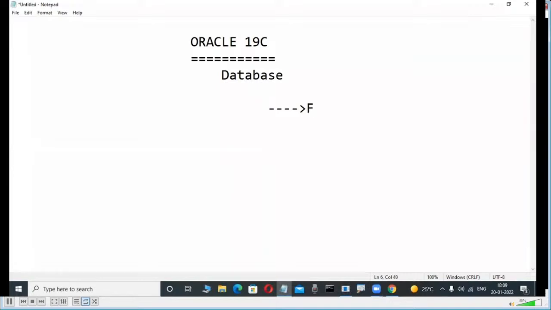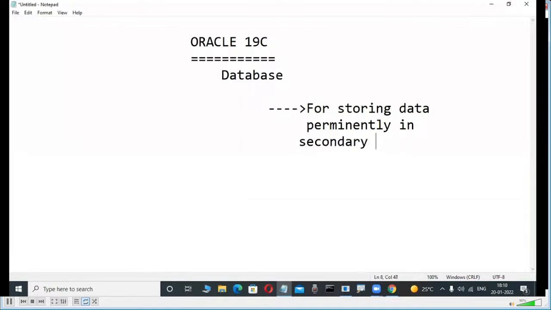For storing data permanently in secondary storage devices. Secondary storage devices means maybe hard disk or so. Okay, fine.